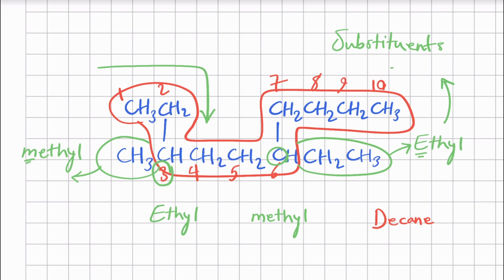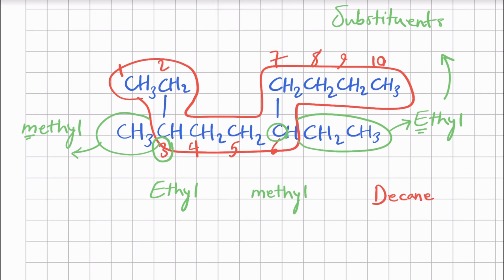But if we started from the other direction, it would be on 1, 2, 3, 4, 5. So it's not really ideal for us. Now, which carbon is ethyl connected to? It's 6. And which carbon is methyl connected to? It's 3. Exactly. So the name of this molecule would be 6-ethyl-3-methyldecane.